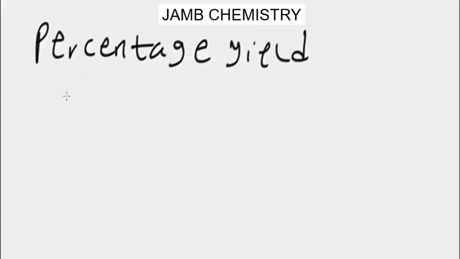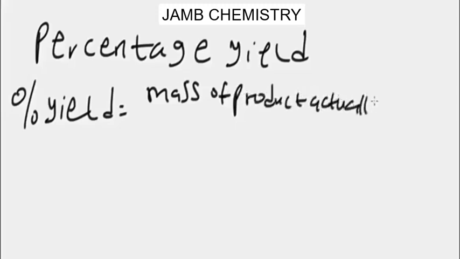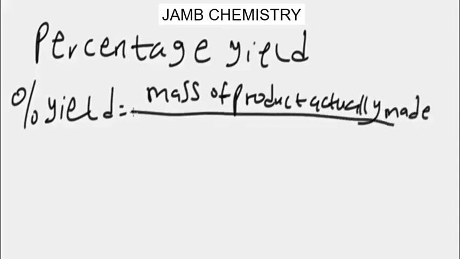All right, so for percentage yield, the formula for it, we have it to be mass of product actually made, right over maximum theoretical mass of products.